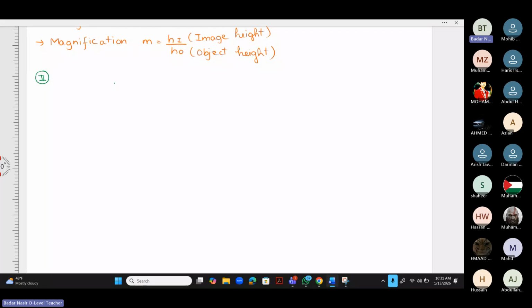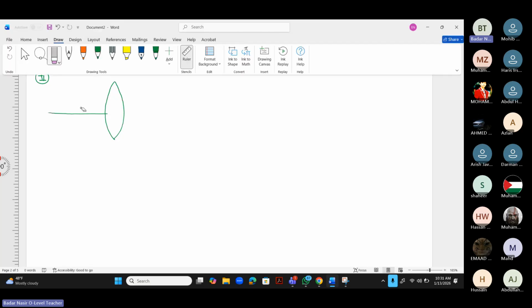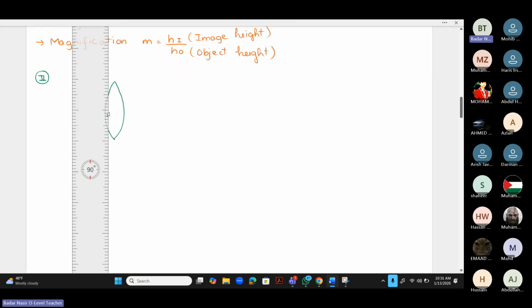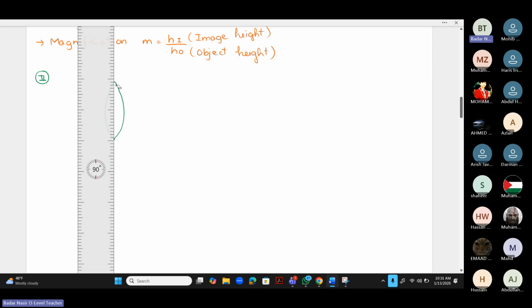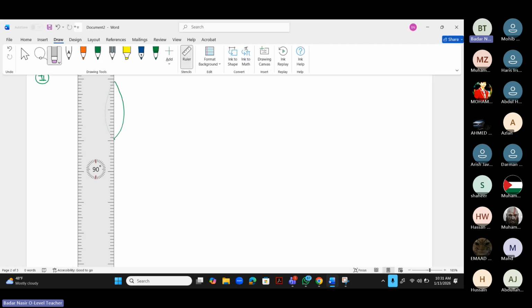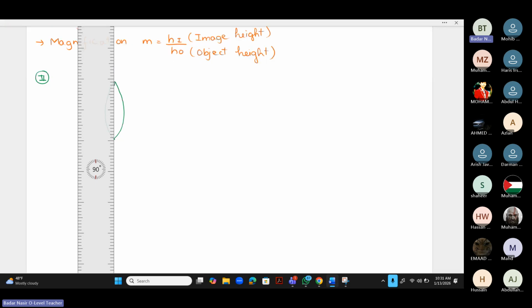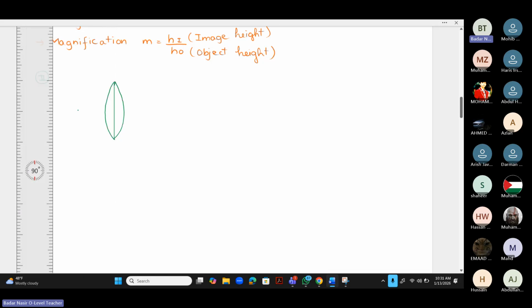So again, we have a converging lens, and we call it a convex lens. So we have to draw the axis as well. तो सबसे पहले तो मैं, we have this.